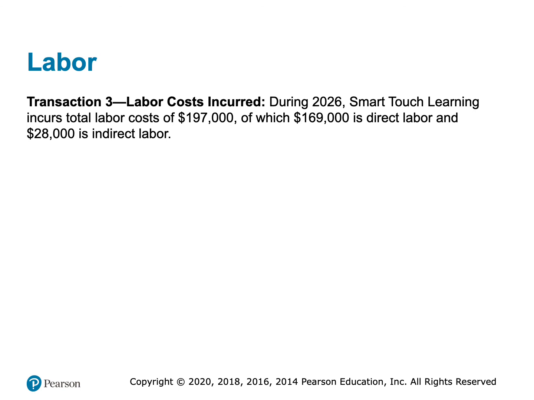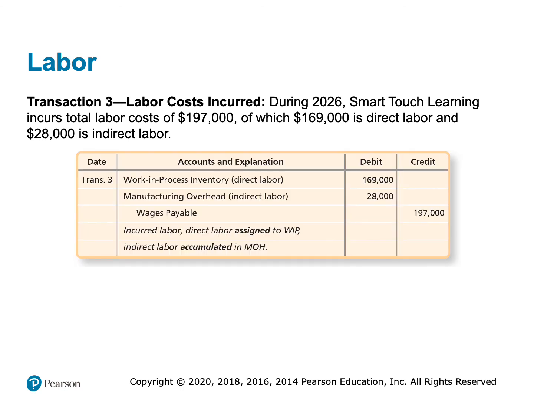We'll still credit wages payable or salaries payable for the total of 197. So again, direct costs go directly into work in process. We're increasing that inventory account with a debit. Indirect costs go through overhead. And now we're crediting our liability to increase that liability for the total.